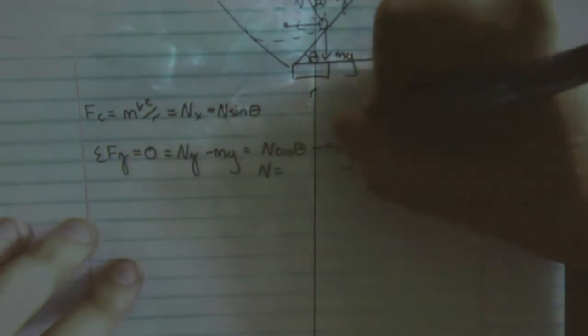So we know, since this is all equal to 0, N will be equal to mg divided by cosine theta. Right? Cool, maybe.